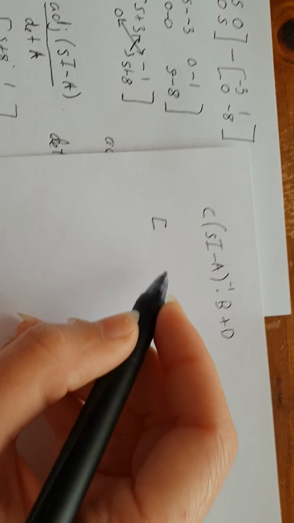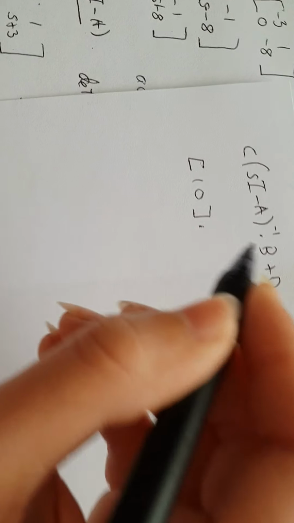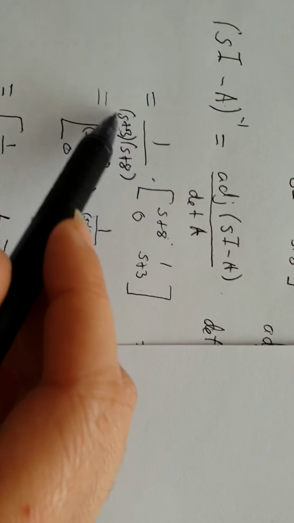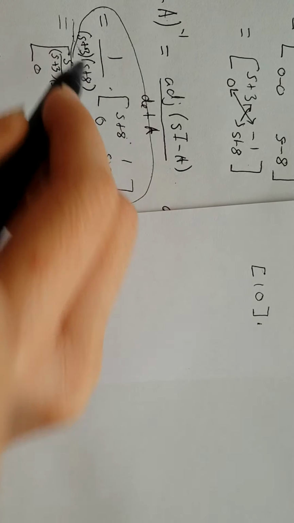So our C is 1 and 0 times our inverse. We're going to use this form here. It's much easier to work with.